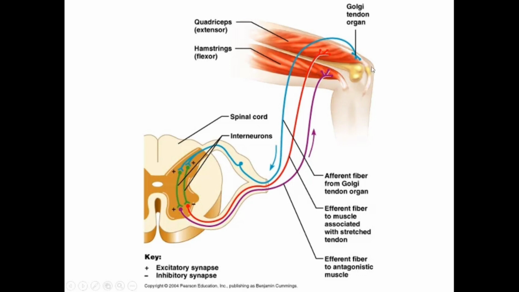So by this way, the Golgi tendon organs decrease the stretching of the tendon and prevent tendon tearing or rupturing, especially during the lifting of heavy weight.